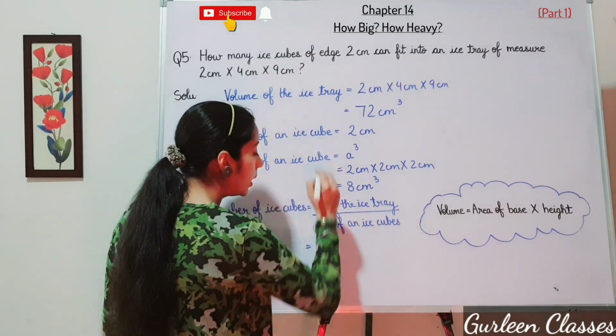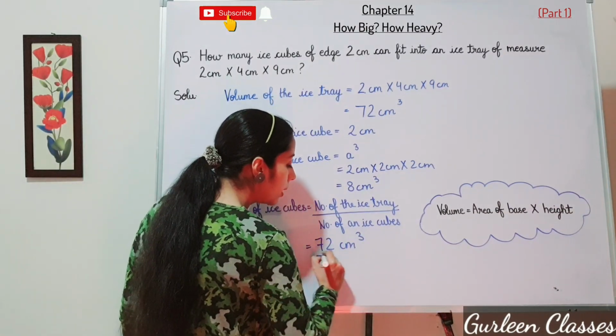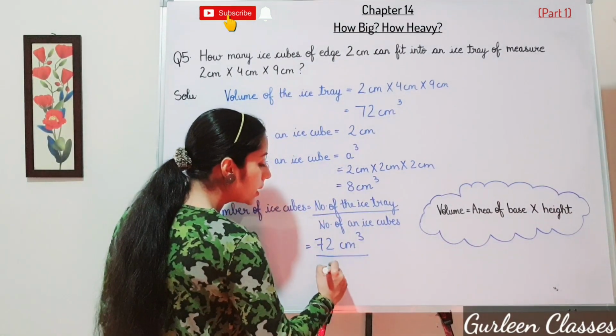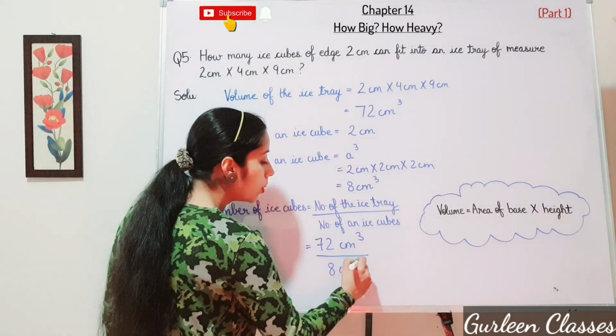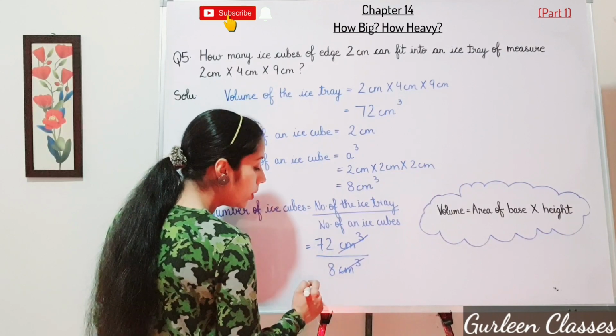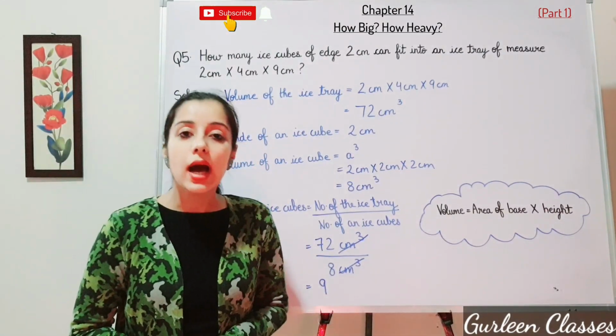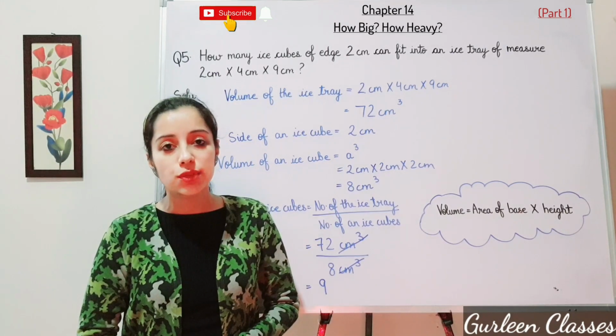So it will be 72 centimeter cube divided by 8 centimeter cube. Centimeter cube cancel. 72 divided by 8, it is 9. So at last you will write 9 ice cubes can fit in the ice tray.